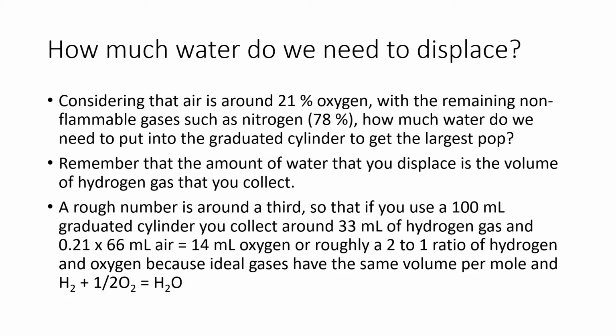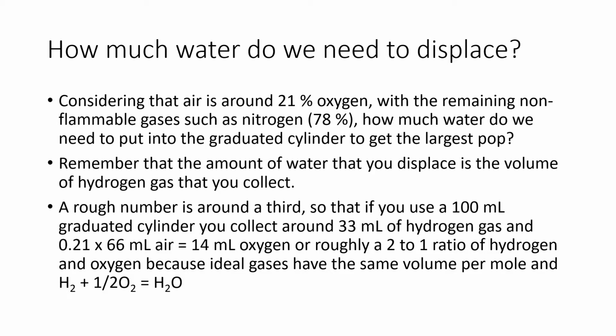So how much water do we actually need to displace from the cylinder? We need to consider that the air around us is about 21% oxygen, with the remaining non-flammable gases, such as nitrogen, being about 78%. So how much water do we need to put into the graduated cylinder to get the largest pop?